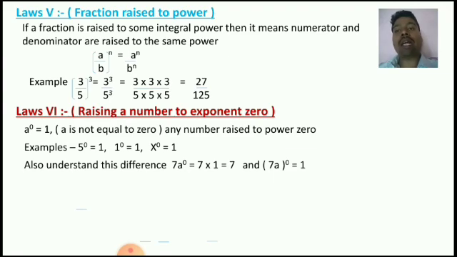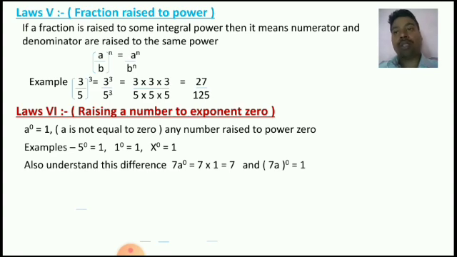And (7a) raised to 0: in this case 7 also has exponent 0 and a also has exponent 0. So 7 raised to 0 is 1 and a raised to 0 is 1. 1 into 1 is 1, so our answer is 1. This way you use the law of raising a number to exponent 0.